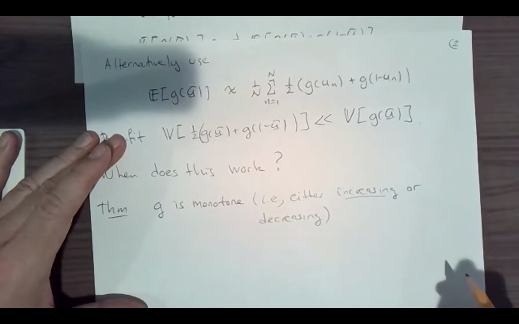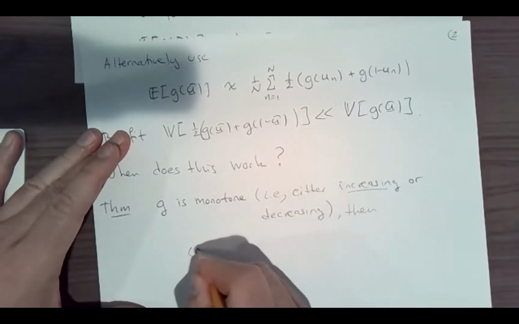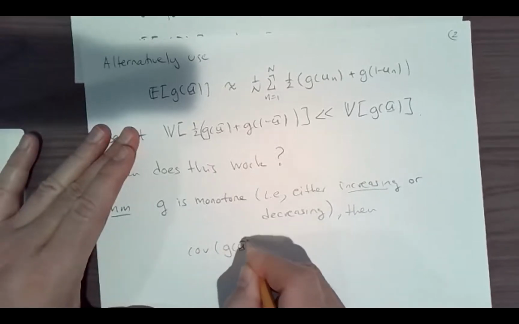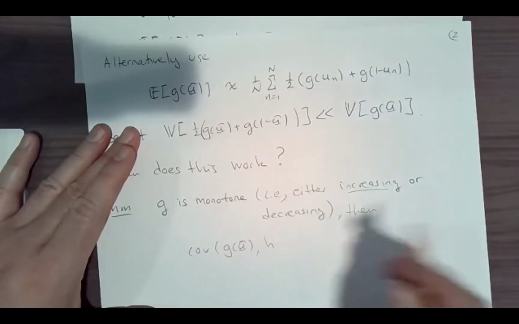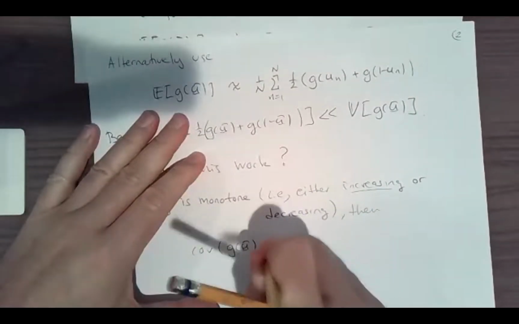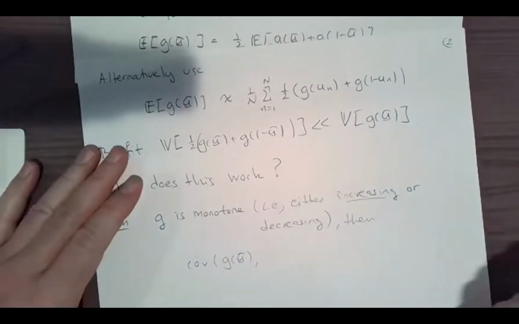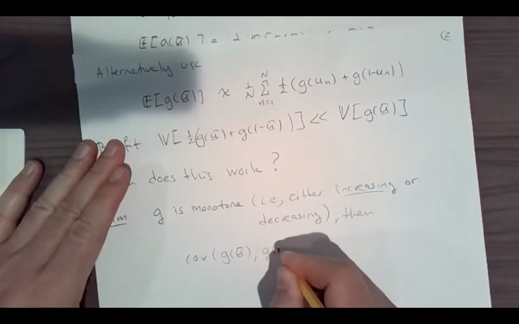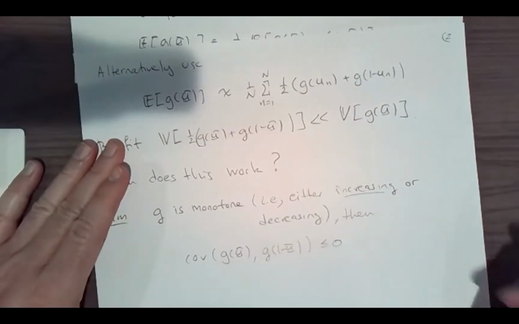If g is monotone, then this covariance that we were interested in from last time, the covariance of g of U with g of 1 minus U, is going to be negative. And that's what we want.